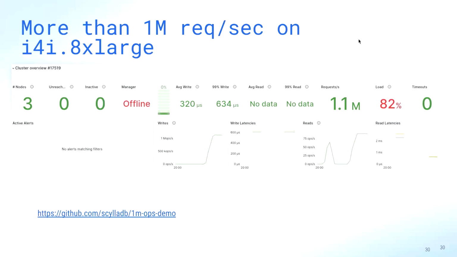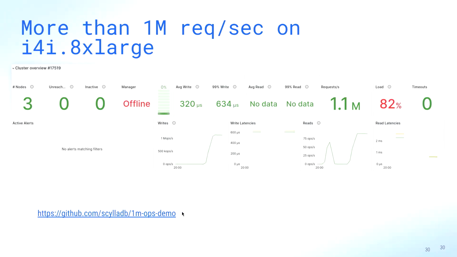All right. This is an example. I've been talking about performance for quite a bit, but you don't have to take my word for it. We created a quick GitHub example, which you can run on your own. This demonstrates running a 3-node cluster on AWS with 3 i4i.8xlarge machines.